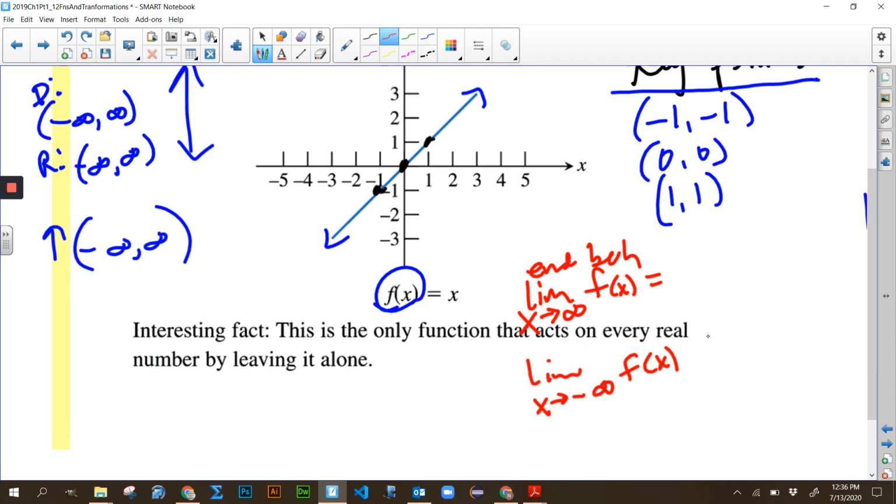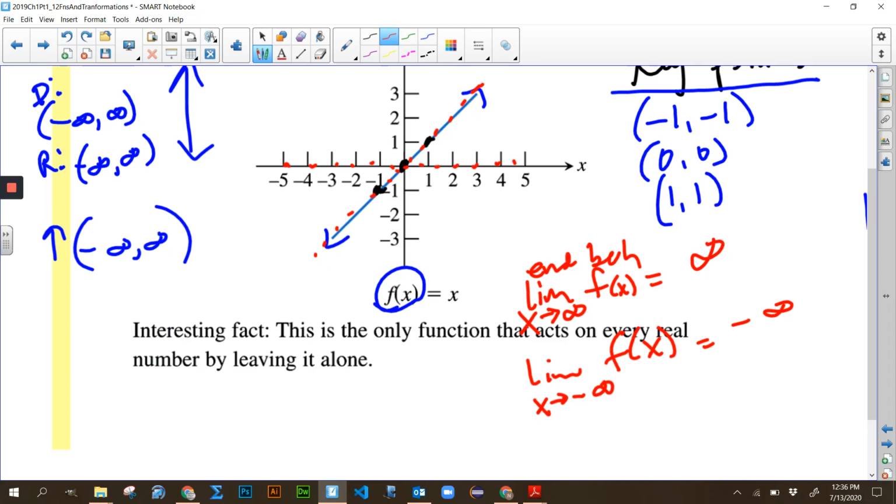Basically what this is looking for is what is happening to the y values as x gets larger or smaller. As x gets bigger, the y values on the graph get bigger, so that's infinity. And as x gets smaller, the y values get smaller and smaller, so negative infinity. Okay, that one should be all filled in.